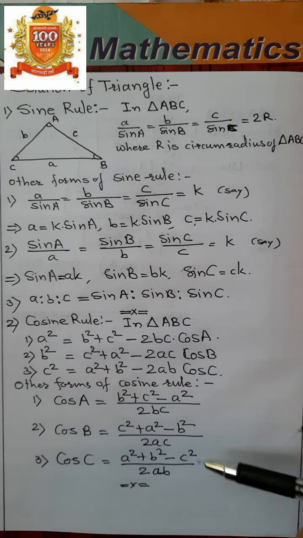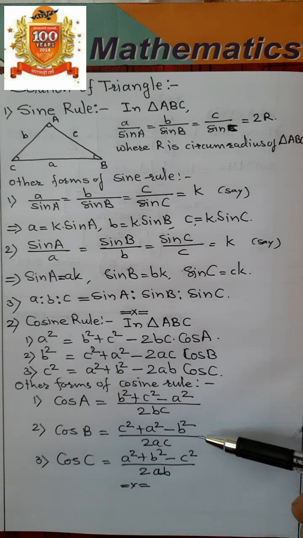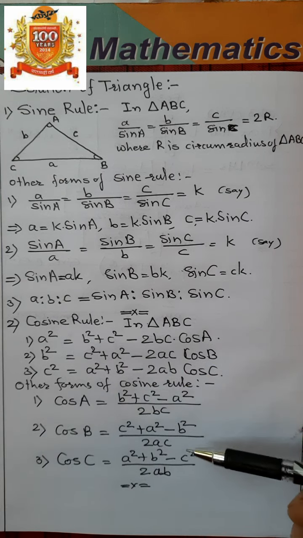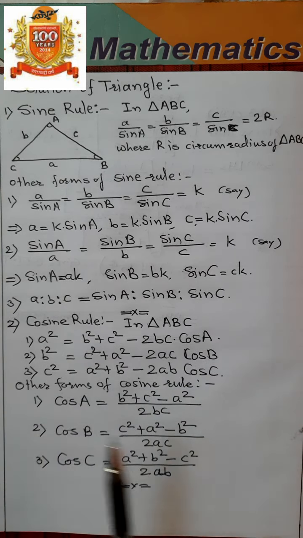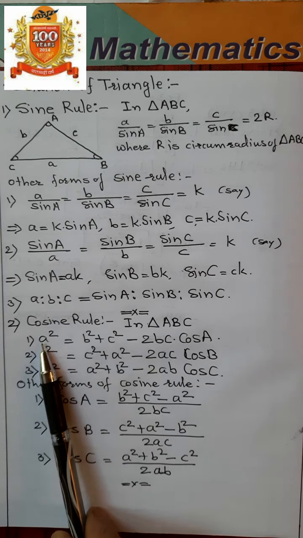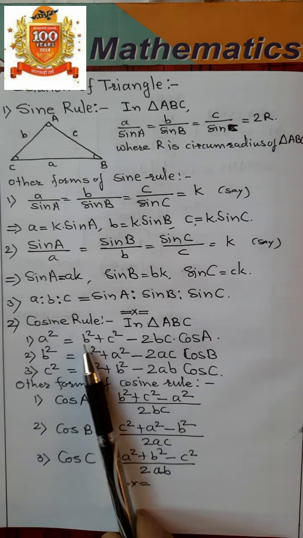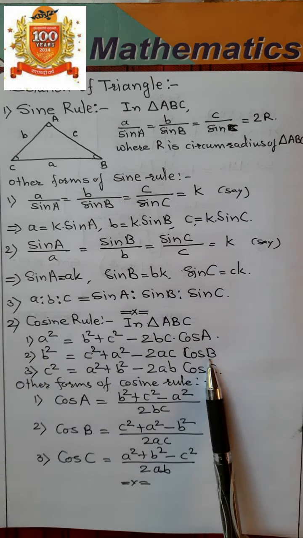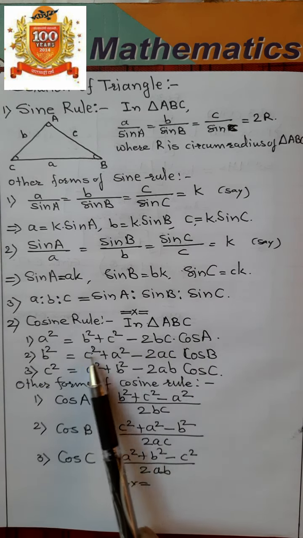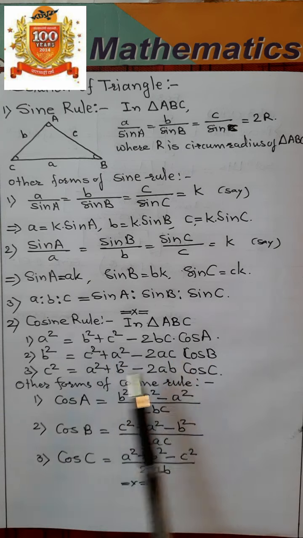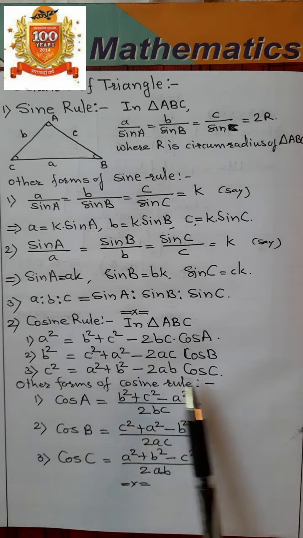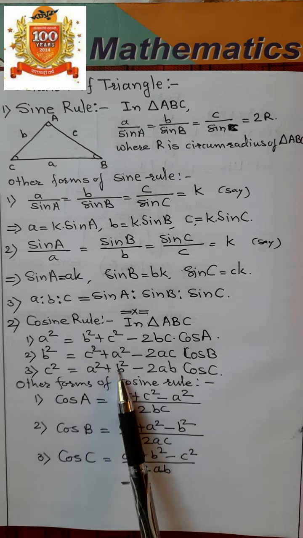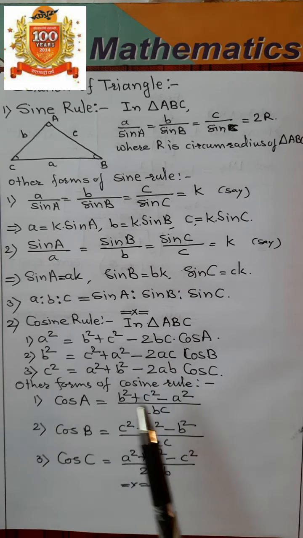We will use this cosine rule for solving the problems. Keep in mind, learn this cosine rule. Very simple. Here a square is there, here cos A is there. b square c square, here bc. Here b square is there, here cos B. And c square a square, therefore ac. c square is there, therefore cos C. a square b square, here twice ab.